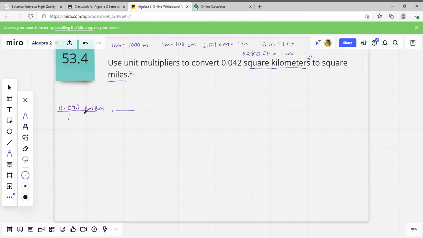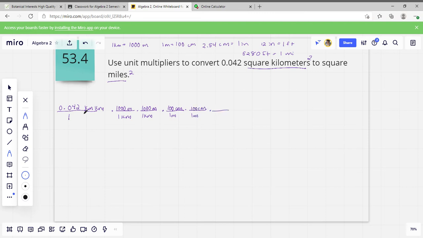So that's going to be 1 kilometer, 1,000 meters. And then we have to do that again. And then we've got to go from meters to centimeters. So 1 meter is 100 centimeters. And we've got to do that again. 1 meter, 100 centimeters.